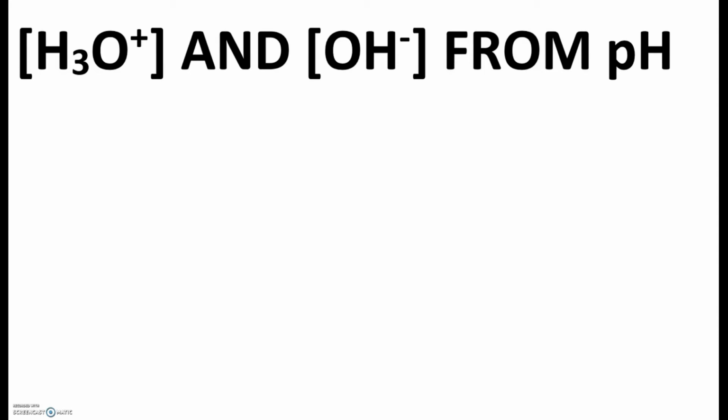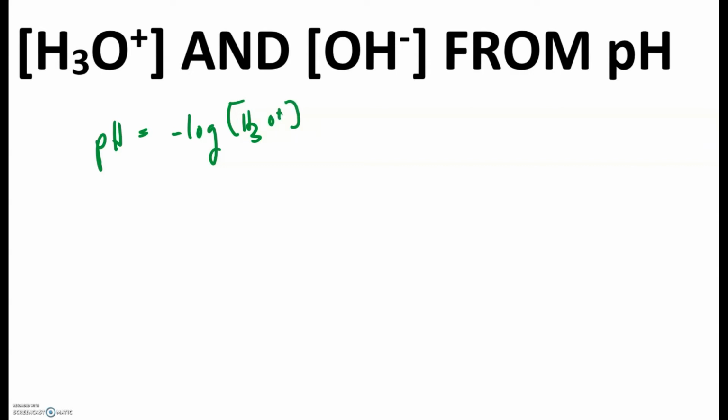So, last week we learned that pH is related to the concentration of H plus in solution, and we learned that you can easily calculate pH with a simple equation. pH is equal to negative log of the concentration of H3O plus.